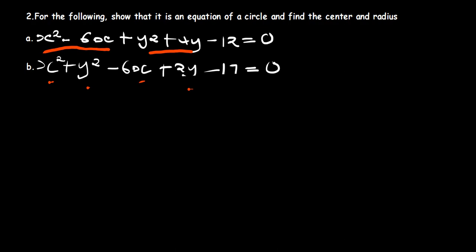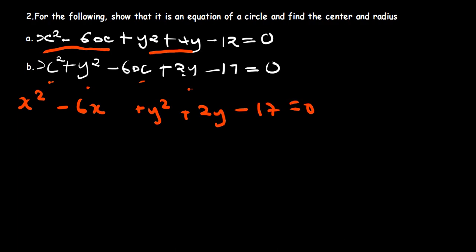We have to show that this is going to give us a circle. So first of all I'll group those that have x's: minus 6x. Then I have plus y squared plus 2y minus 17 is equal to 0. Then I'll complete the square on the x's and on the y's.